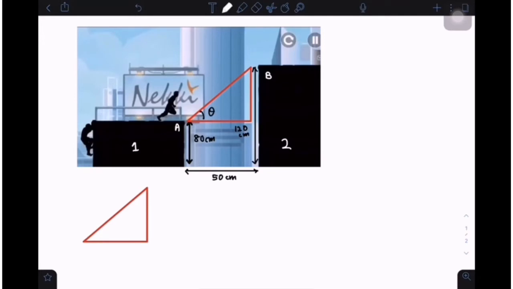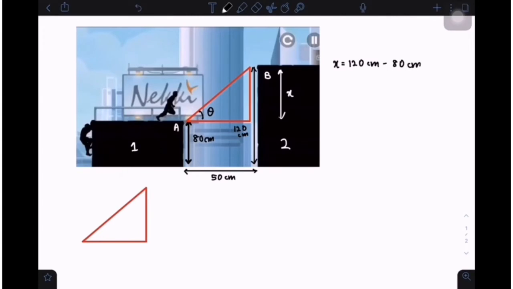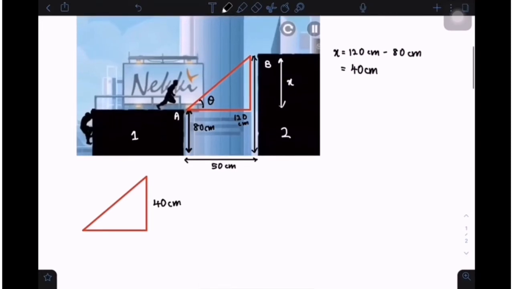Next, we have to find the opposite length of the triangle, which is x. x will be 120 cm minus 80 cm equals 40 cm. So we have found the opposite length of the triangle is 40 cm, and the adjacent length will be 50 cm. And here's the data.